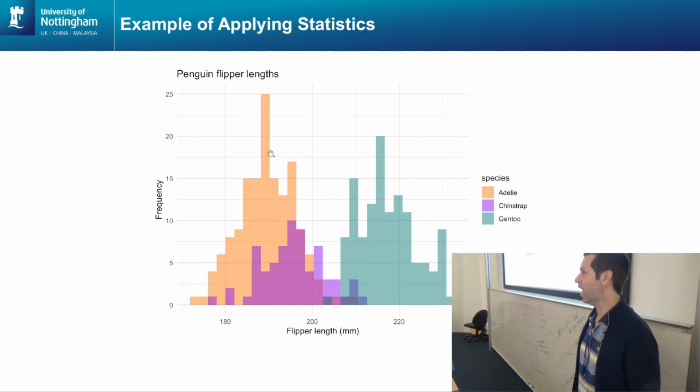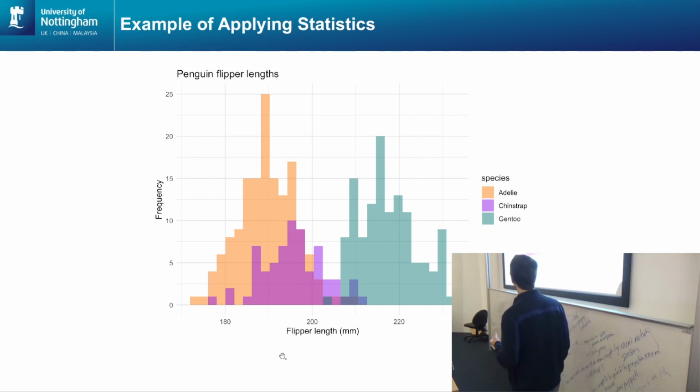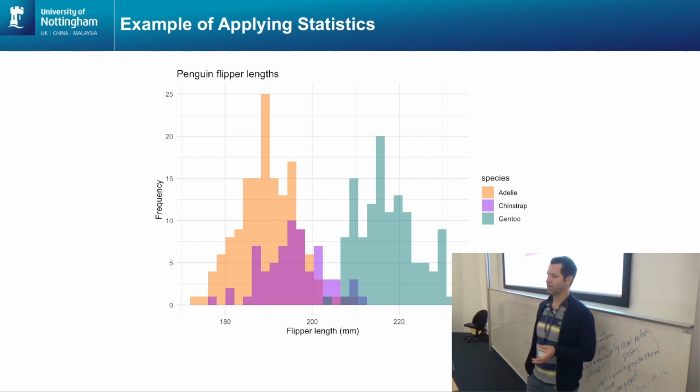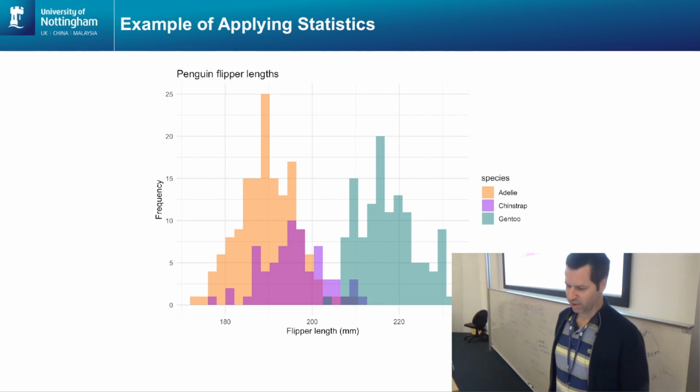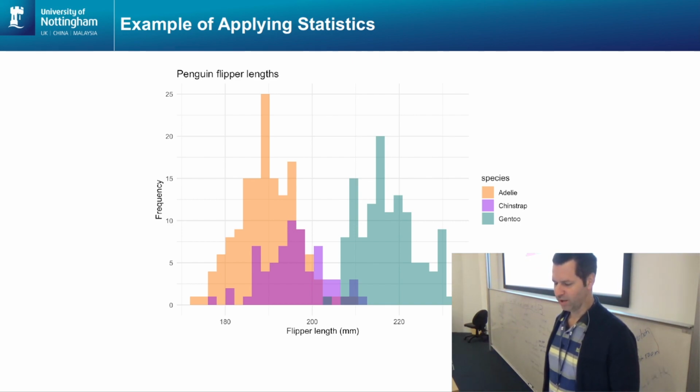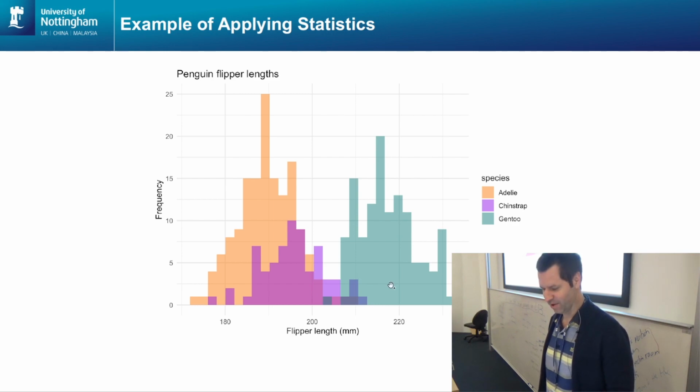If we just look at it, it looks like there are three groups there, doesn't it? We can probably draw a safe conclusion that the average of this group is significantly different than this group. But we can also measure that statistically.